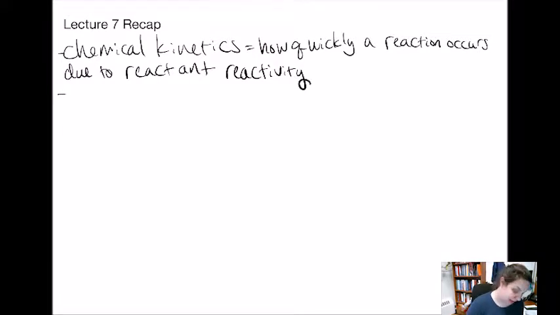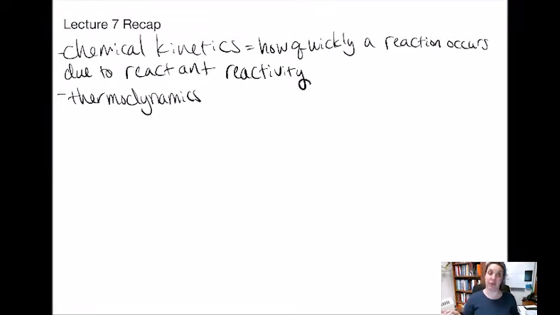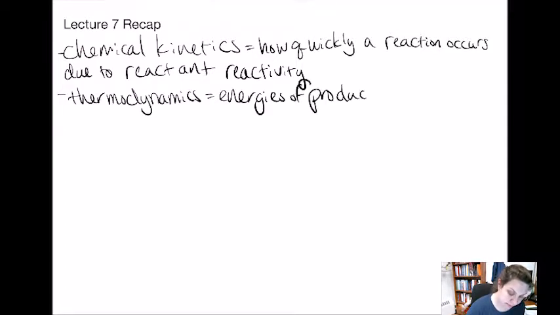Okay, this is in contrast to chemical thermodynamics, where we're talking about the reactant energy versus the product energy, in reference to each other.